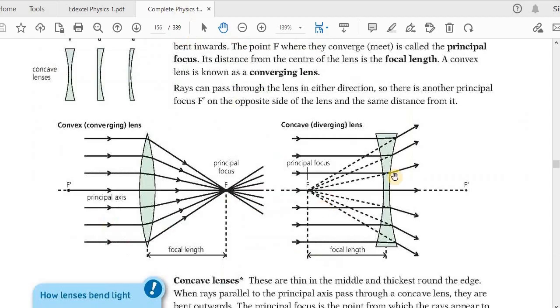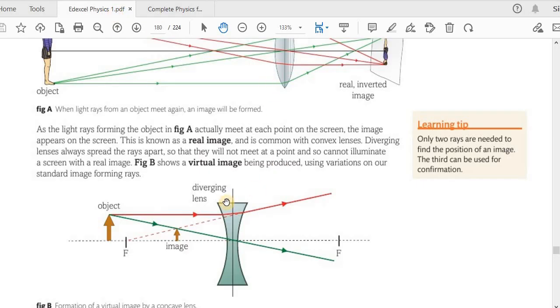If you look at the previous lesson, you can see that. But in this case, to find the principal focus, we have the imaginary lines, or we extend the rays backwards until they meet at the principal focus. So here also we can form a virtual image.